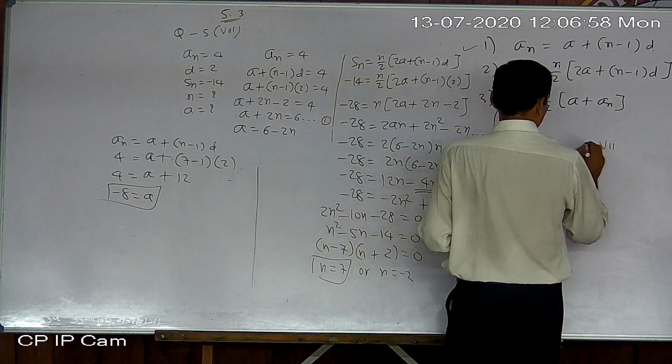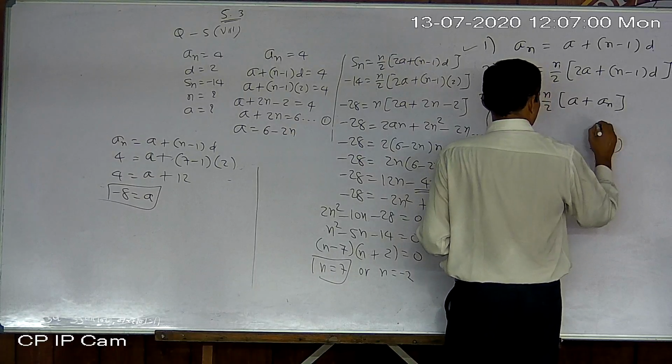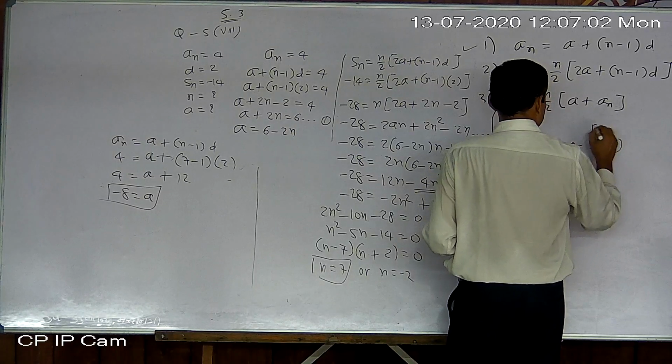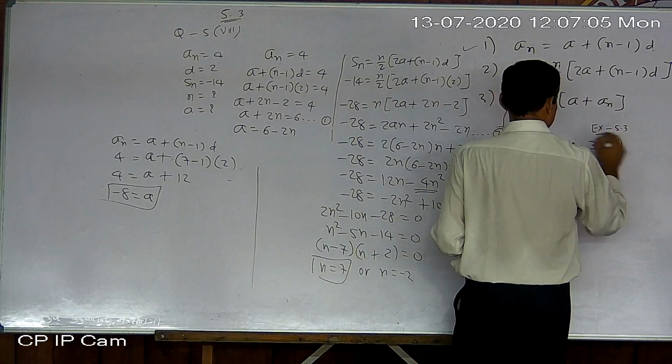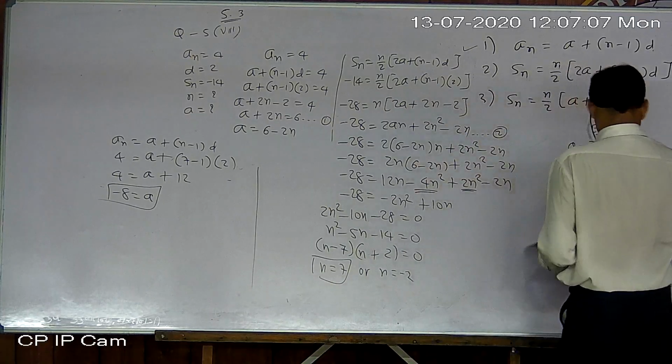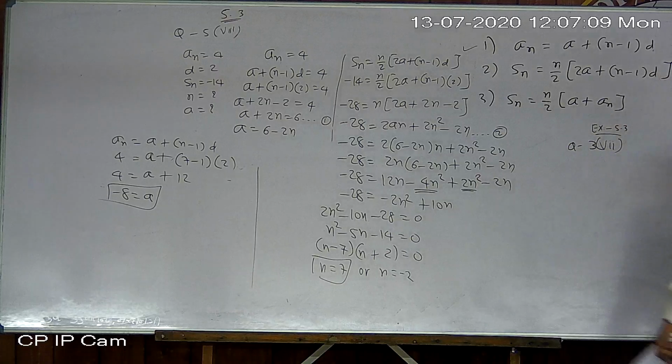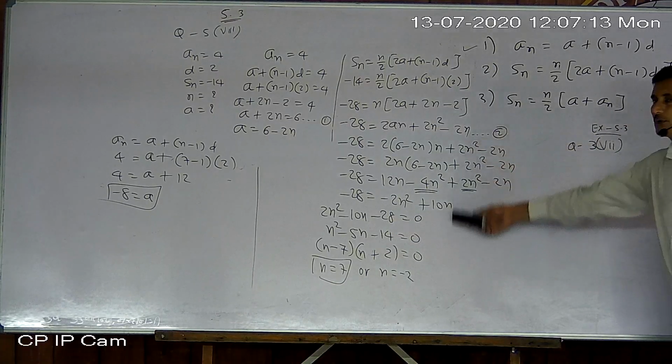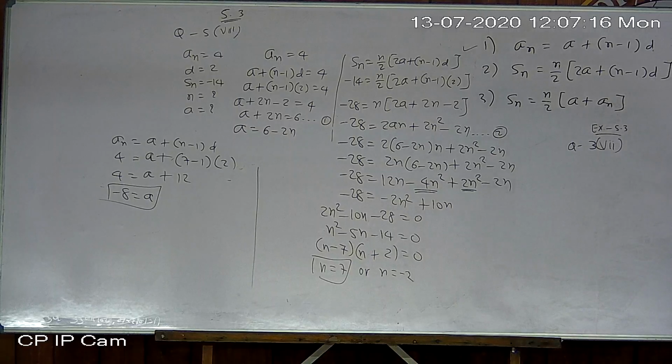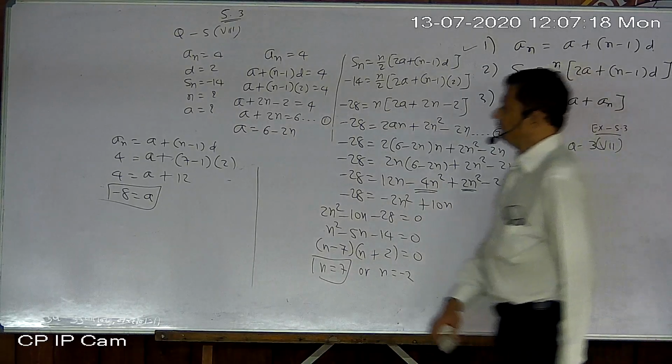Number 7 of the third exercise 5.3. Now look at this. Just take a screenshot of that one, because you might feel it is a little difficult how to solve here. Okay. Now concentrate on number 7.